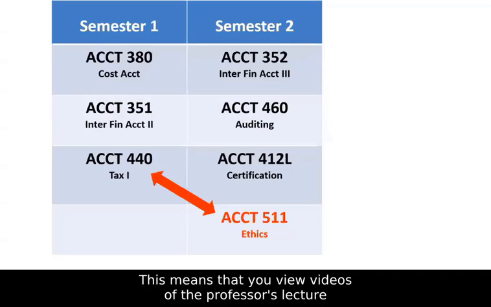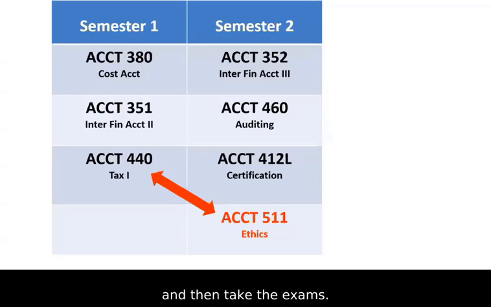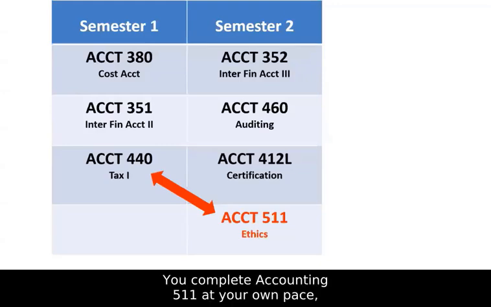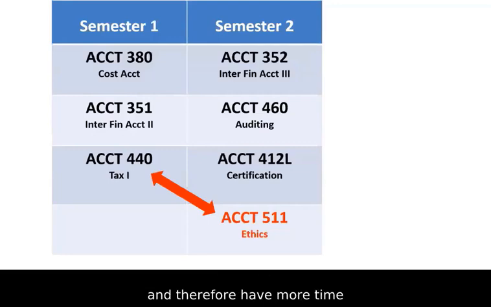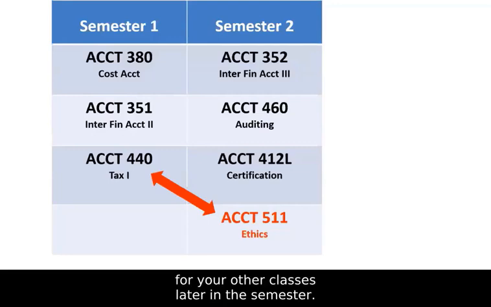This means that you view videos of the professor's lecture and then take the exams. You complete Accounting 511 at your own pace, which means you can finish this course as quickly as the first half of the semester and therefore have more time for your other classes later in the semester.